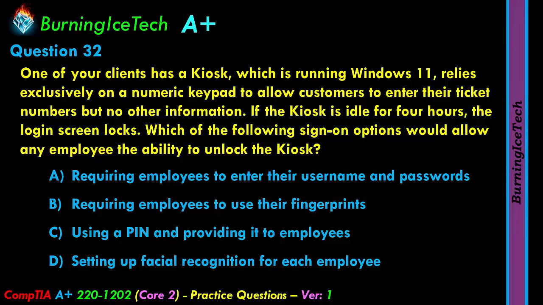No, because normal usernames and passwords could very well contain letters and weird symbols. Remember, we can only use the numeric keypad from 0 all the way to 9. We're not able to enter any of the normal alphabetic characters, and we're definitely not able to enter any weird special symbols. We can only use from 0 to 9. So A is completely out.